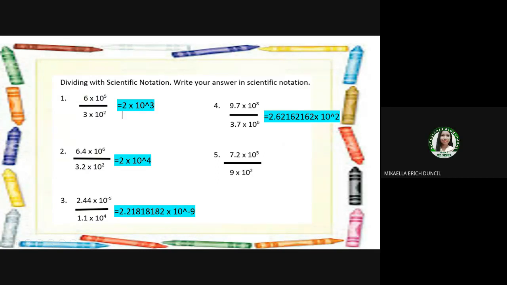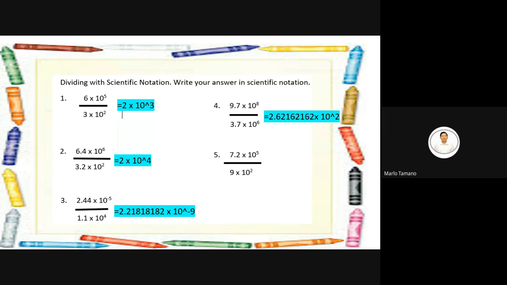7.2 divided by 9. 8 times 10 to the third power po. Bali 0.8 yan, imumove lang ninyo yung decimal point niya papunta sa right. Okay, syempre minus mamaya. So 5 minus 2 is 3. Tama?